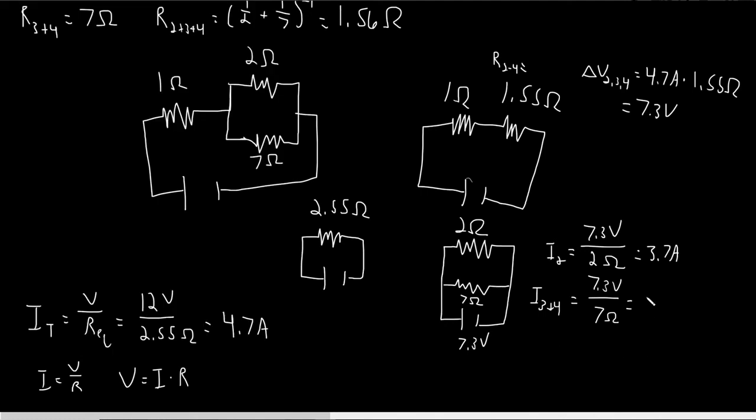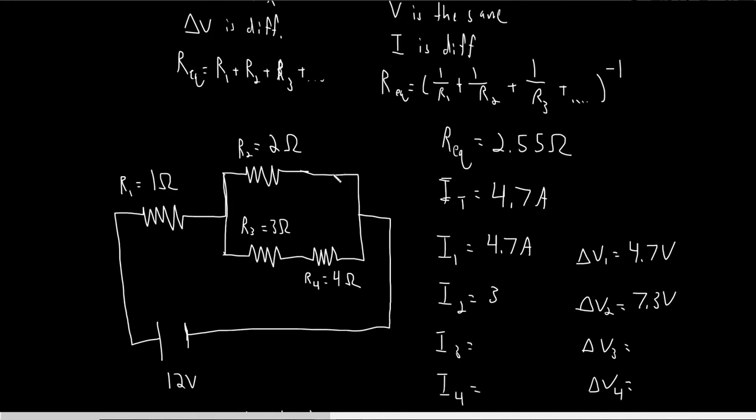So that's going to have a current of 1 amp, okay? So the current going through 3 and 4 is 1 amp. And since 3 and 4 are both in series, they're both going to have the same current. So we're going to have 1 amp here, and we're going to have 1 amp here.